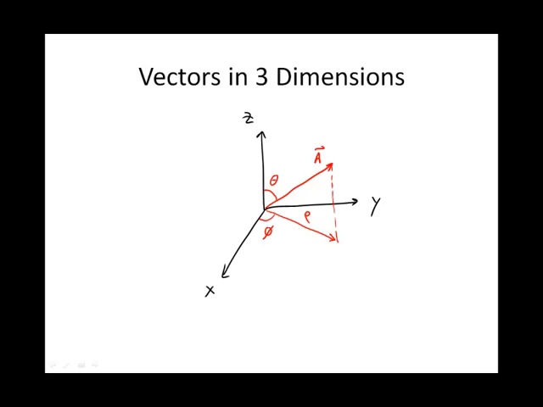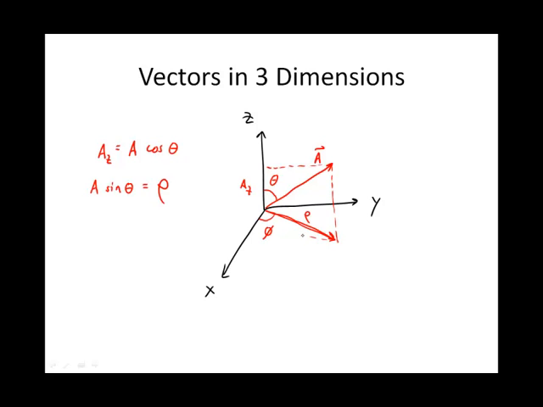And so there's a z component of a right here, and the z component of a is equal to a times the cosine of theta. And then a times the sine of theta will equal this rho here. That's the component of a on the xy plane.